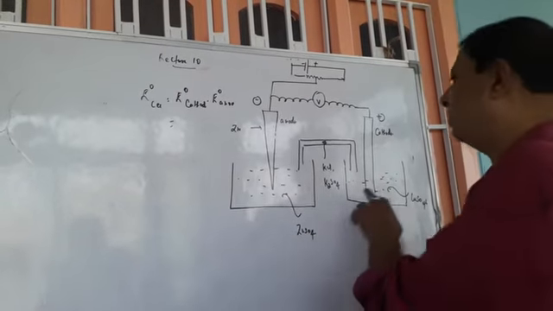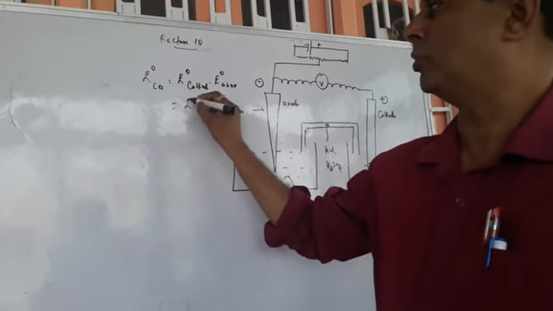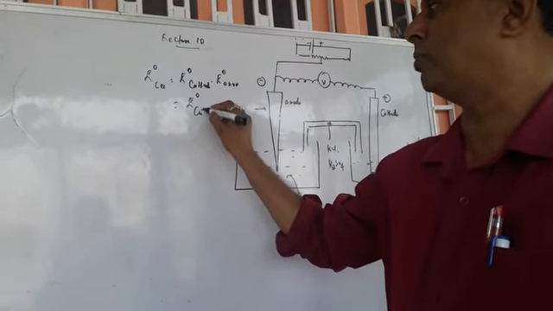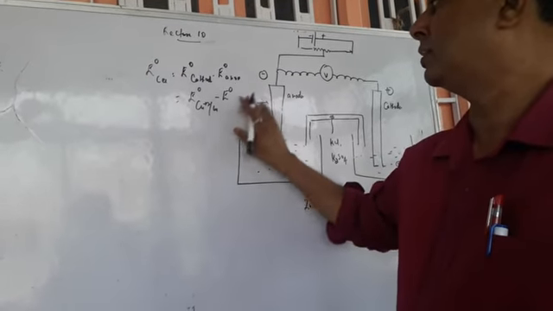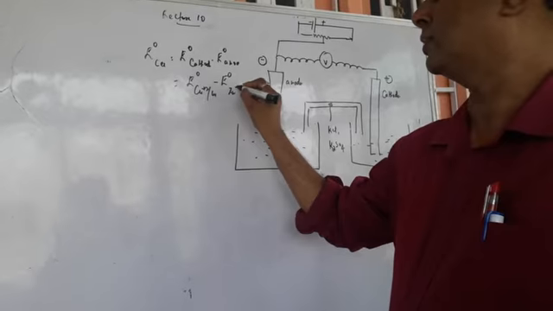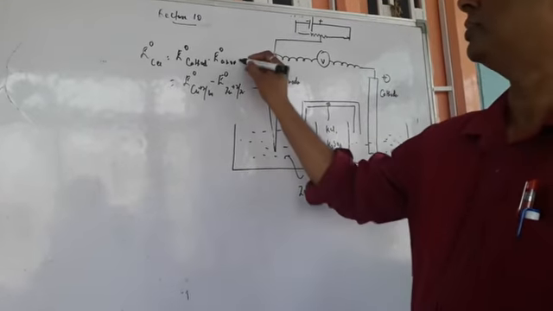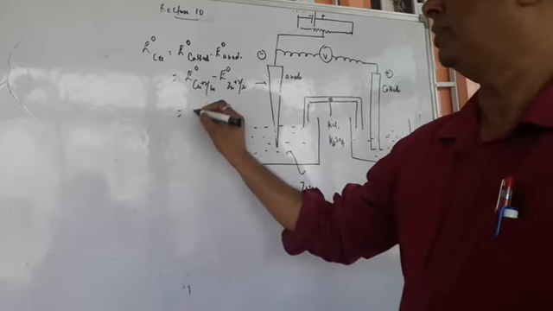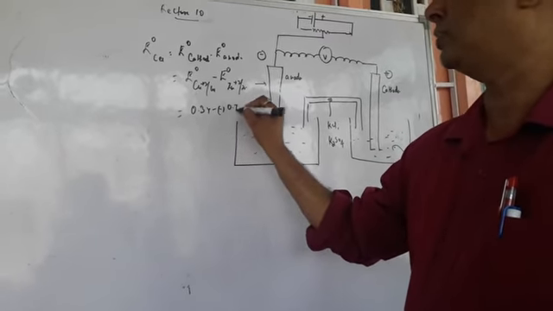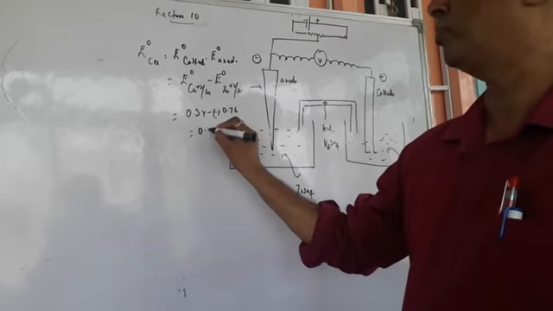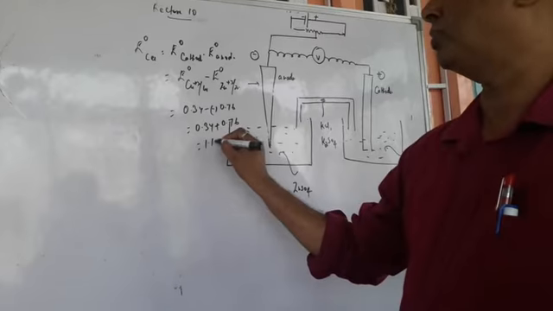The reduction half occurs at the cathode, the copper electrode, Cu2+ to Cu, and zinc occurs as the anode, and its value is 0.34 minus (-0.76), that is 0.34 plus 0.76, 1.10 volt.